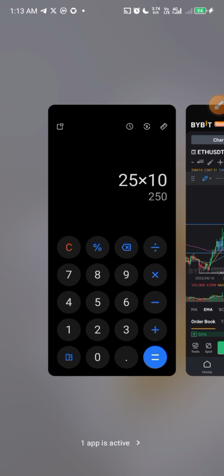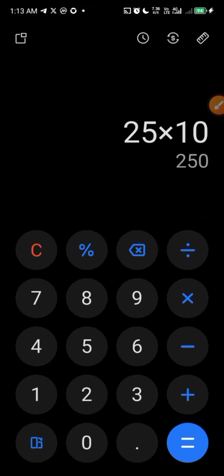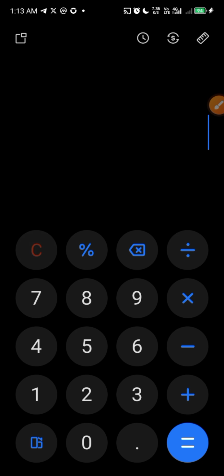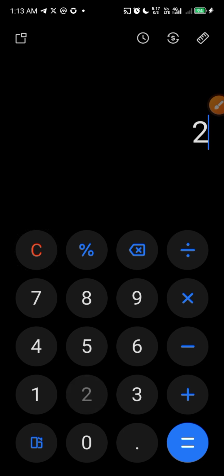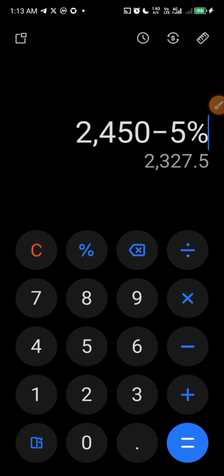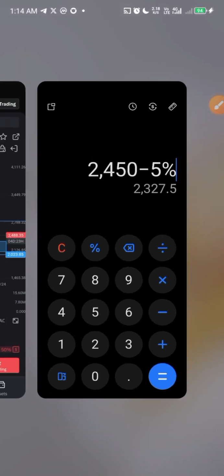Let's see how much percentage loss that is, because the percentage loss is very, very important. 2,450 minus 5% is 22. You can see that from 2,450 to there, it's actually giving me a whole lot of loss, right?